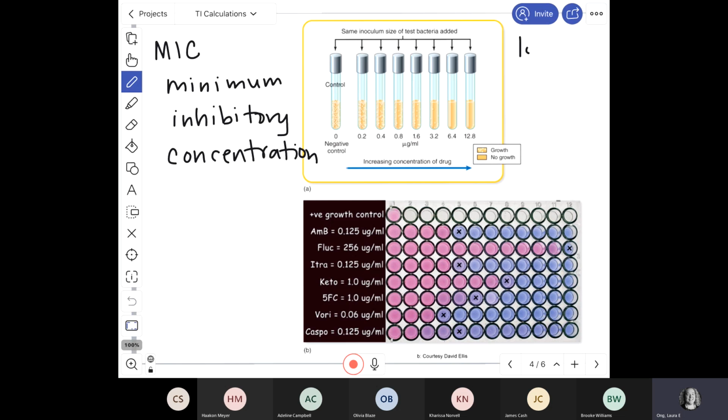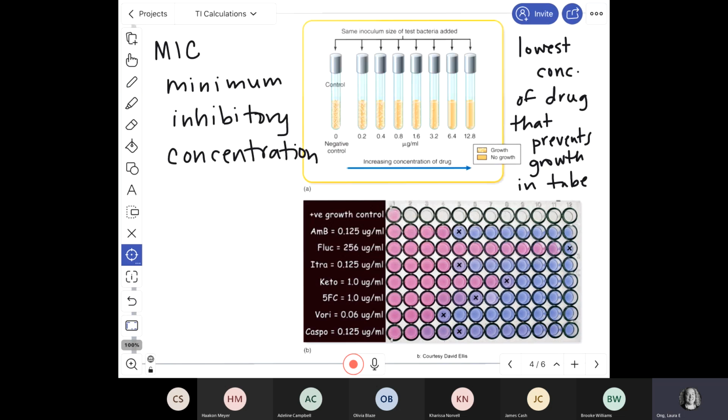And what that is, it's the lowest concentration of drug that can prevent microbes from growing in a tube. So lowest concentration of drug that prevents growth in a test tube.